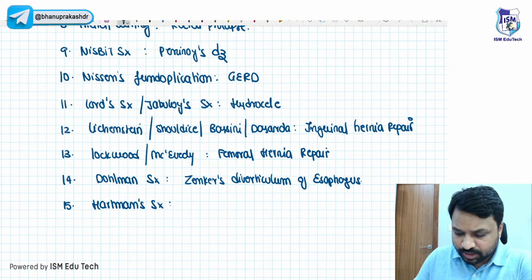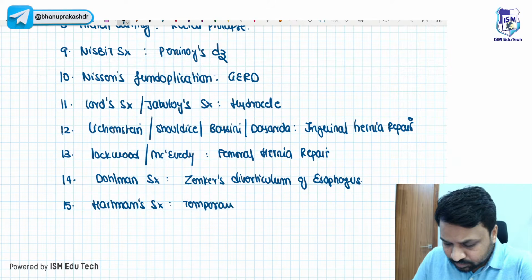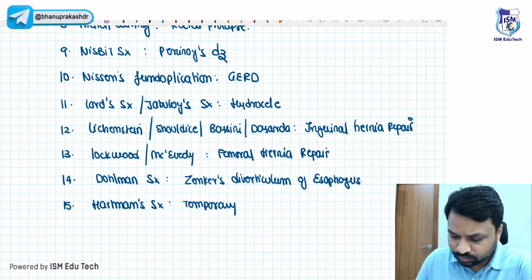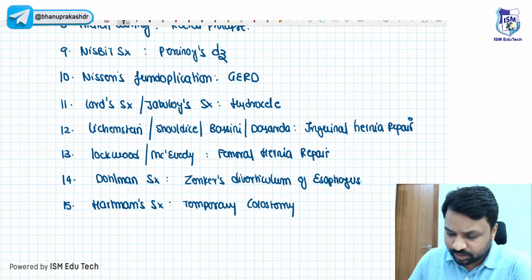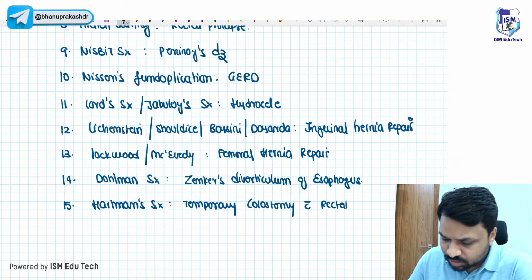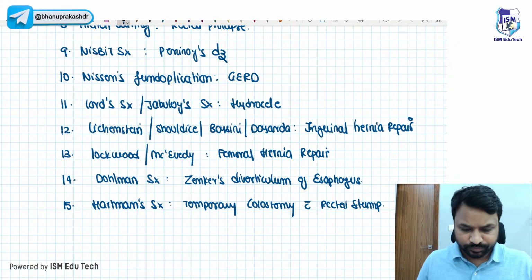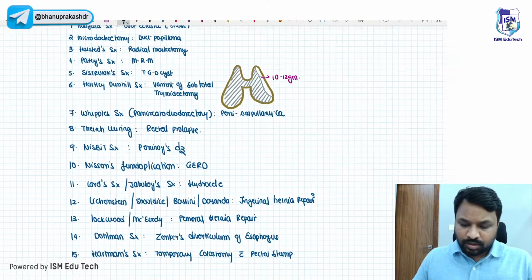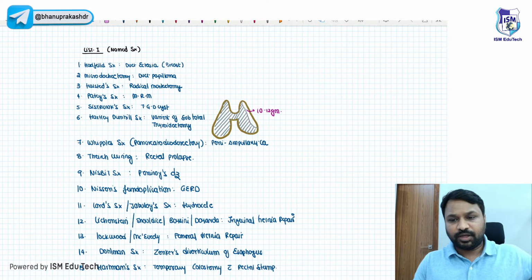Hartmann's surgery is a temporary colostomy with rectal stump, right? So this is your list number 1. Clear?